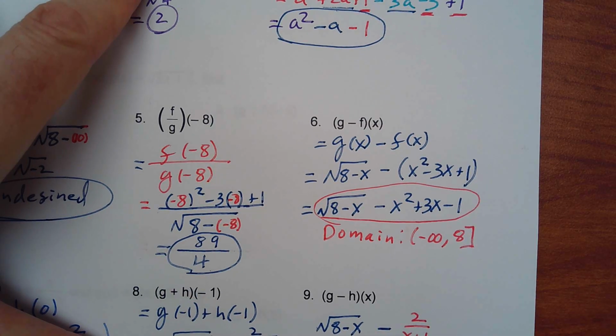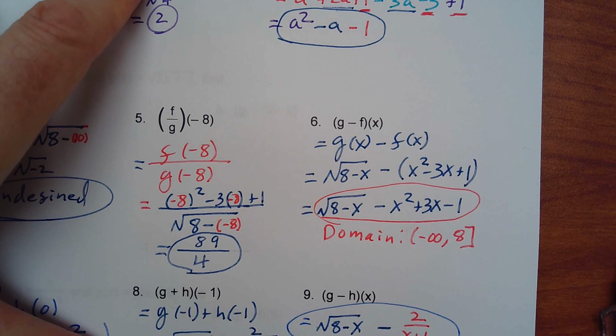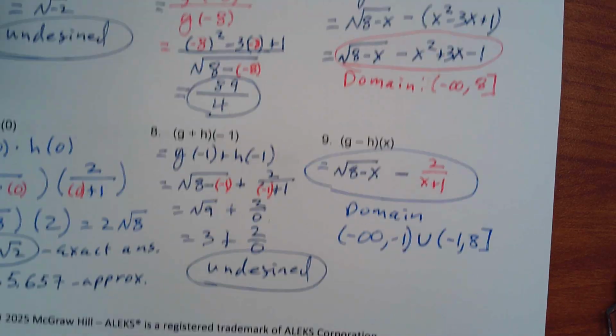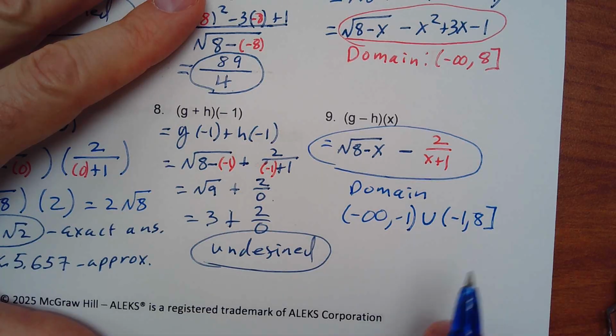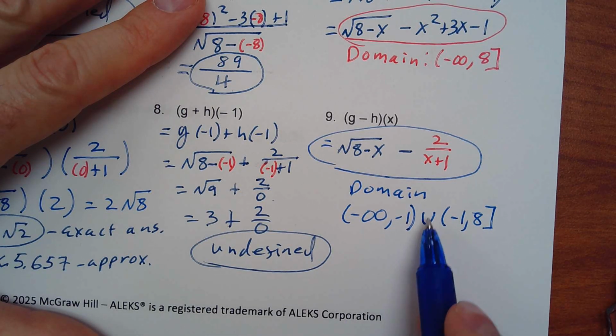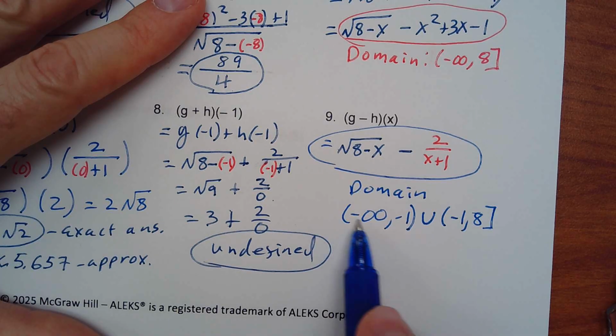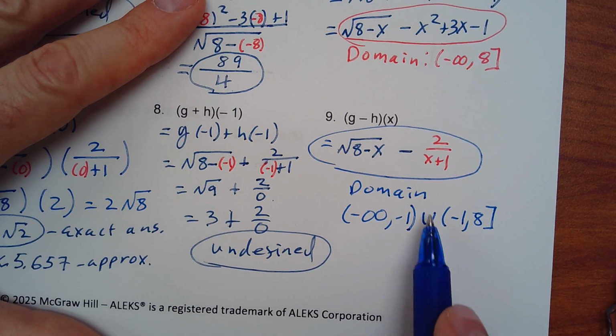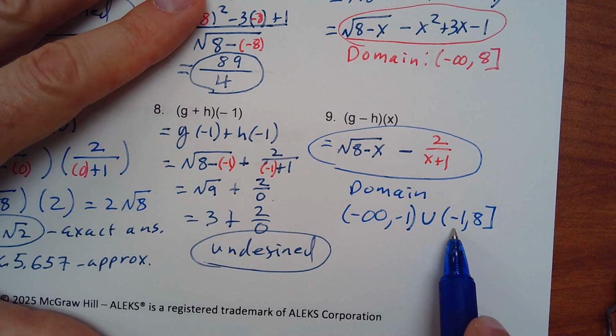So if I need to state the domain here, that would be from -infinity to -1, parentheses, then I'd put my union symbol, -1 to 8, including 8. Oh, sorry about that. So let's try that again. So I'm taking out the -1, it breaks it right here, so it'd be from -infinity to -1, parentheses, union, parentheses, -1 to 8.